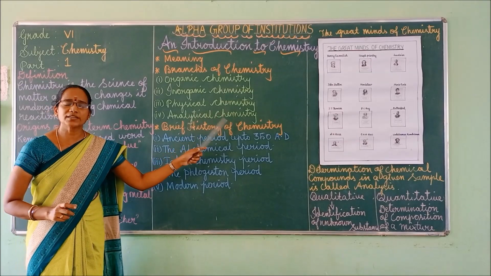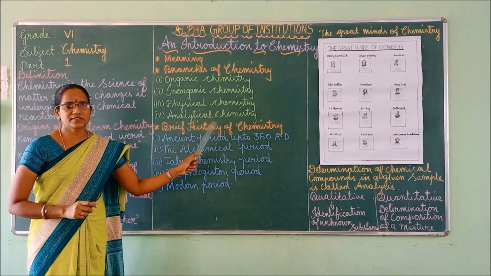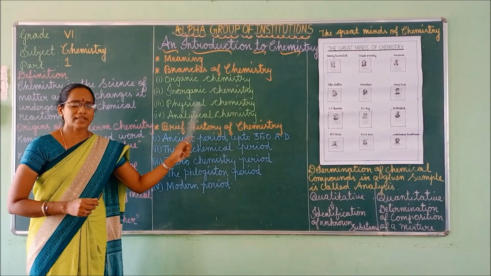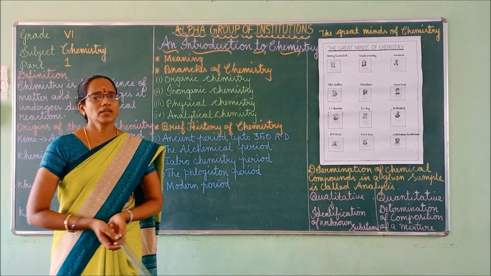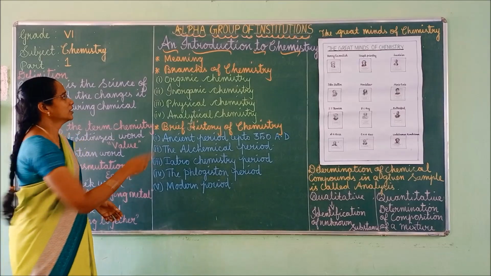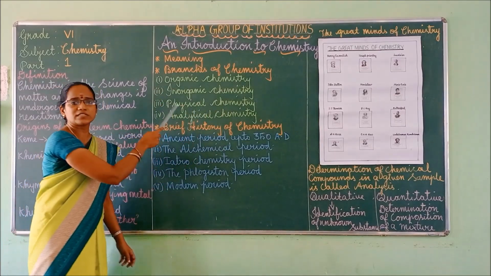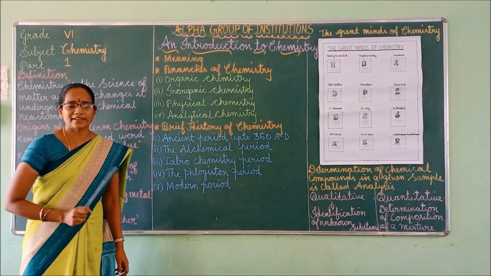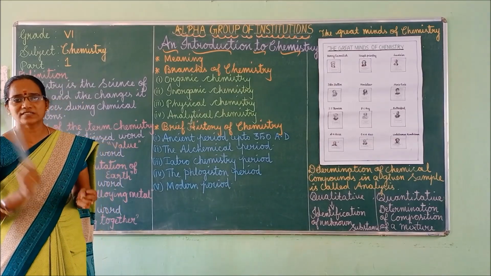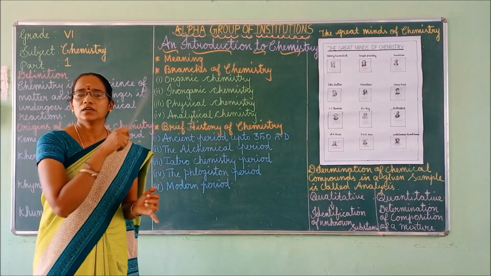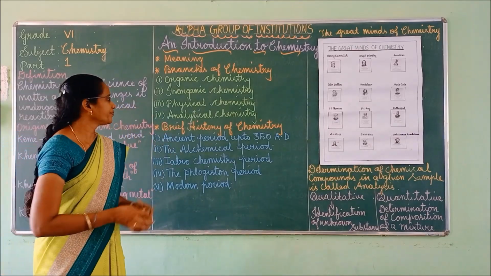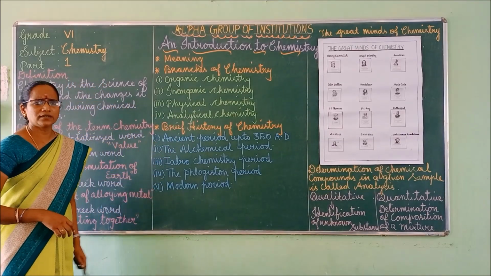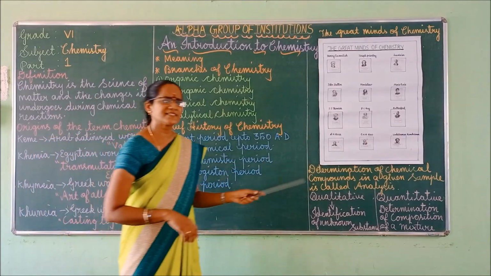So analytical chemistry deals with the study of instruments and methods used to separate, identify and quantify matter. These are the branches of chemistry and you have to write them. Okay, good. So next we have to move to analysis.